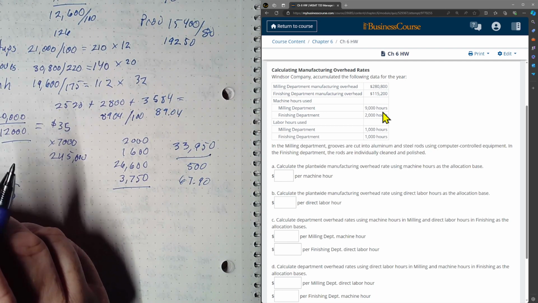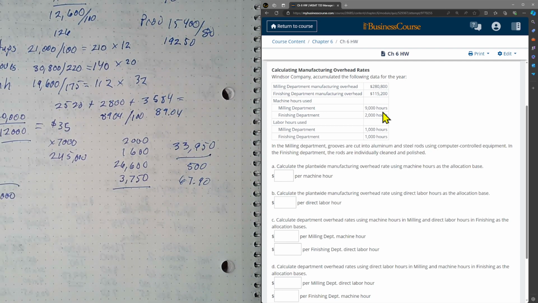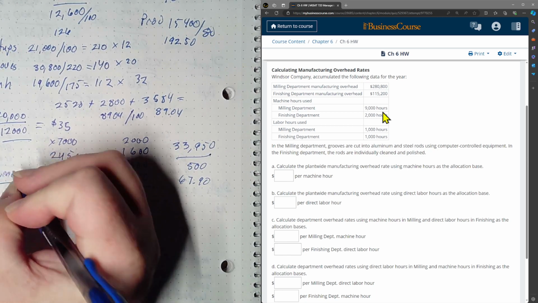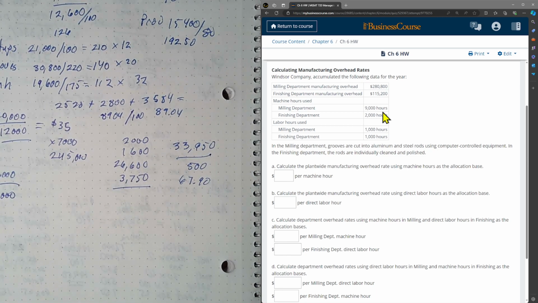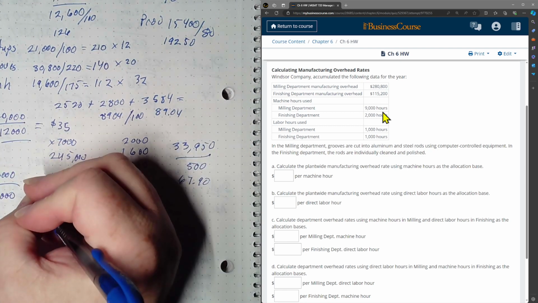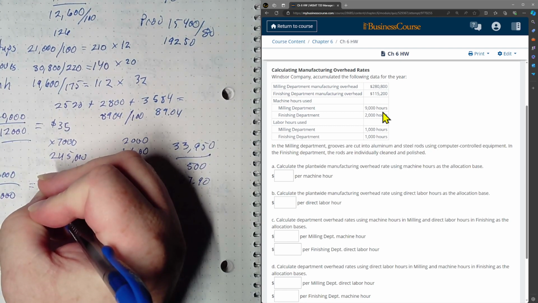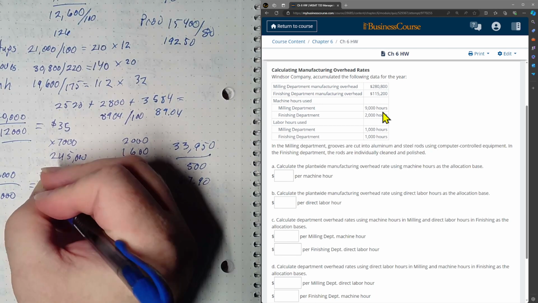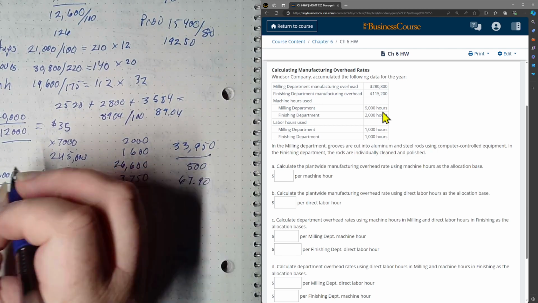It's going to be the 280,800 plus 115,200 equals 396,000, divided by 11,000. If we just use the one rate, one cost driver, machine hours, it ends up being $36 per machine hour.